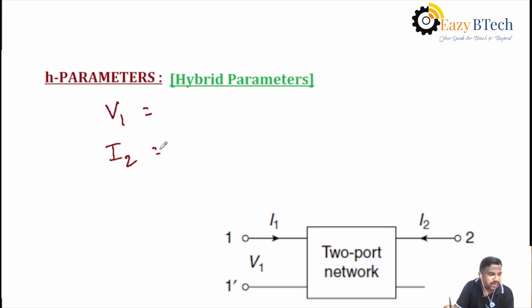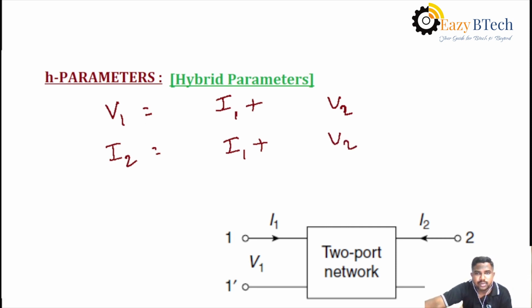Then what about the V1 equation here? You can calculate it in terms of I1 plus in terms of V2. I2 also in terms of I1 plus in terms of V2. Then you can represent the H parameters as H11, that is, V1 equal to H11 I1 plus H12 V2.